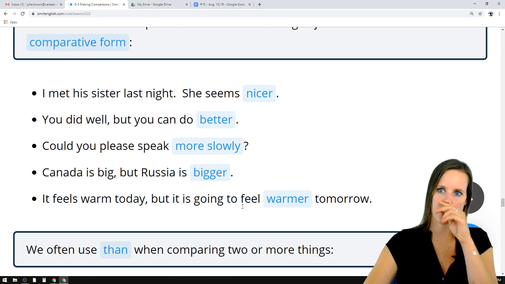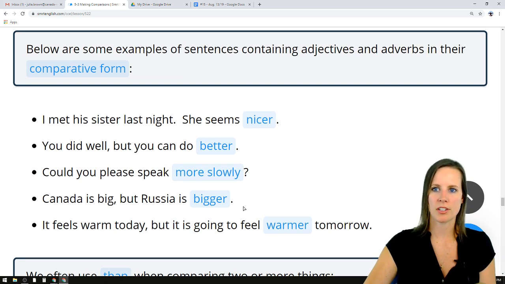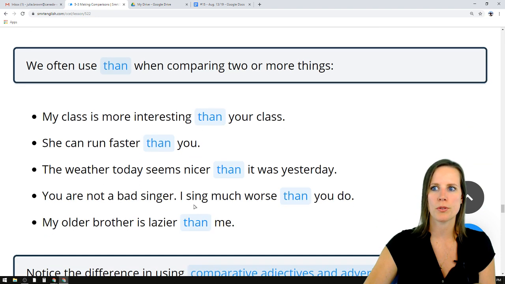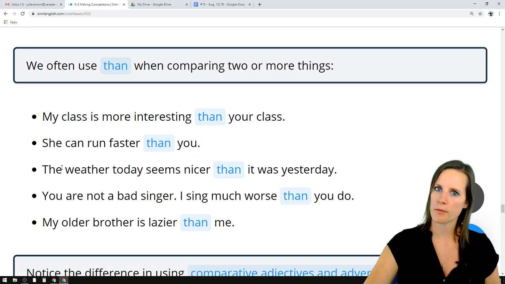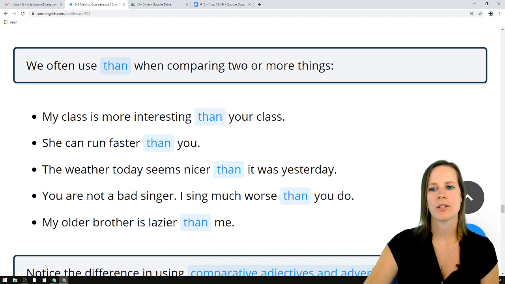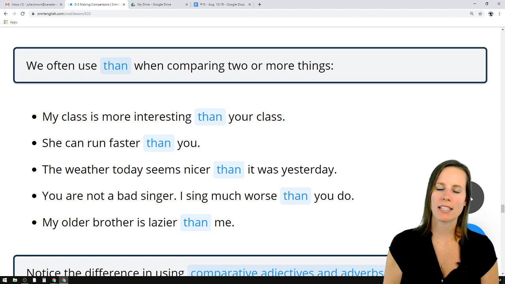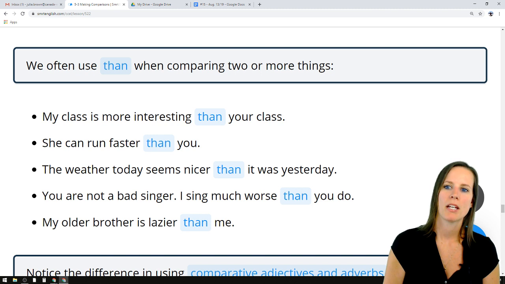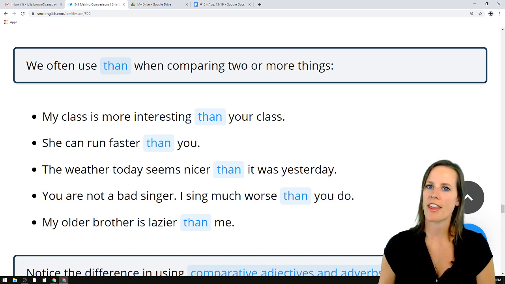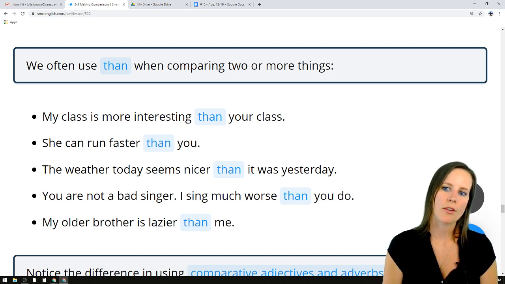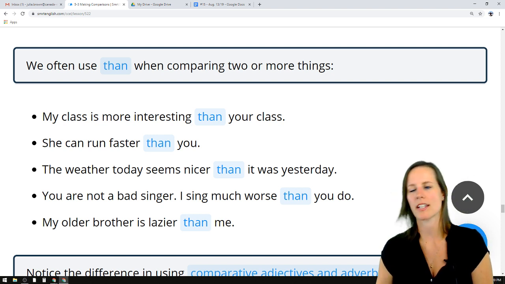Okay, so that's good, but if we're going to use more than one thing in our comparison, we use THAN, than. Okay, so here's an example. My class is more interesting than your class. She can run faster than you. The weather today seems nicer than it was yesterday.